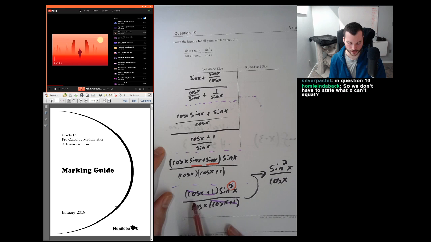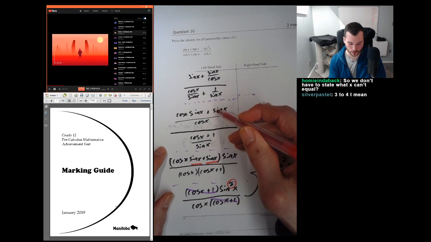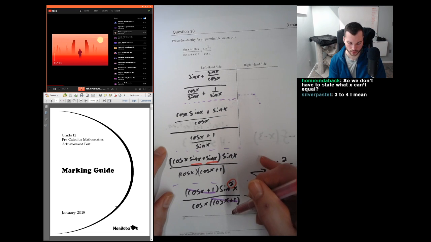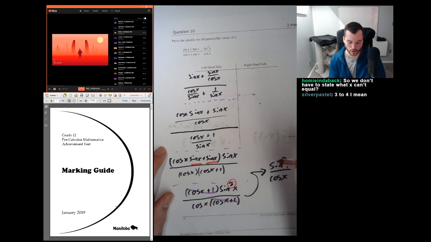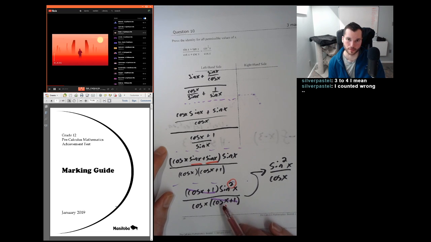And then I found that this, after I factored out a sine, was the same as the denominator. 3 to 4, you mean 1, 2, 3 to 4. Or do you mean this to this? Okay, whatever. I'm going to keep on going. After I got to the squared term, then I canceled out the top and bottom. You counted wrong. Okay. Did this answer your question, though? I don't know if that answered your question.